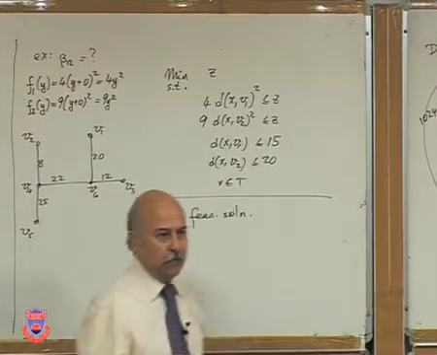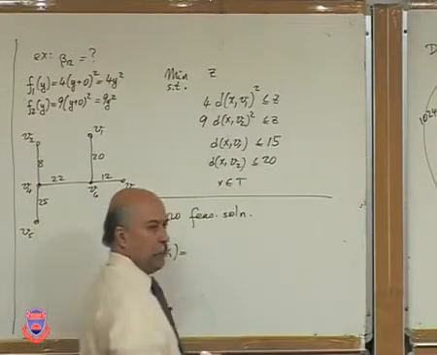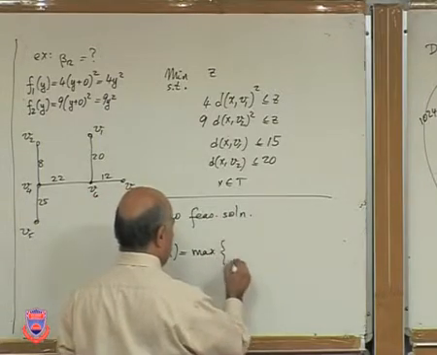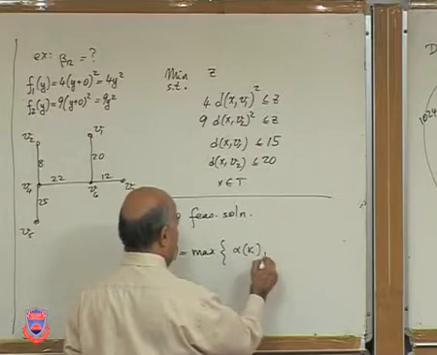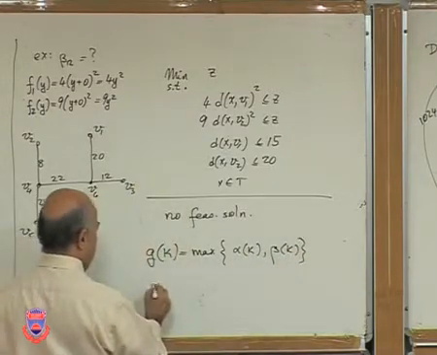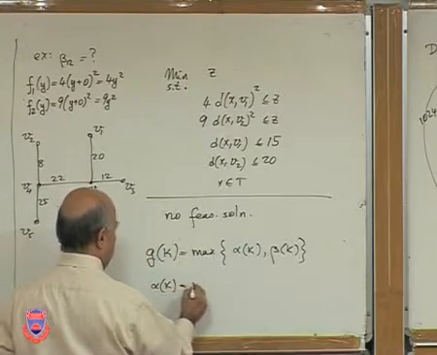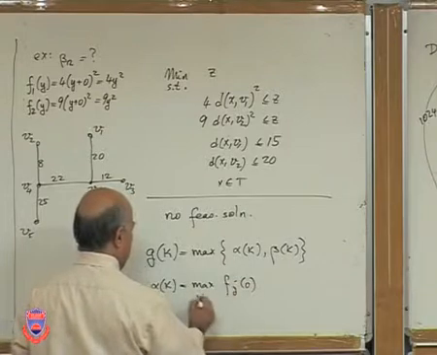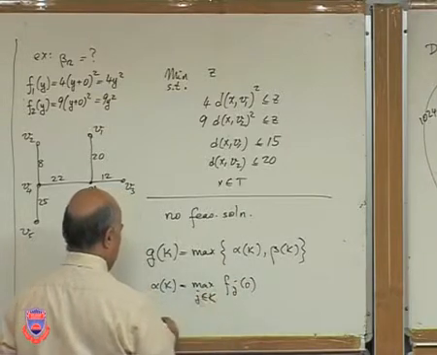Minimum or maximum? Maximum of alpha k, beta k. What's alpha k? It's the maximum of fj0, j restricted to k. And what is beta k?